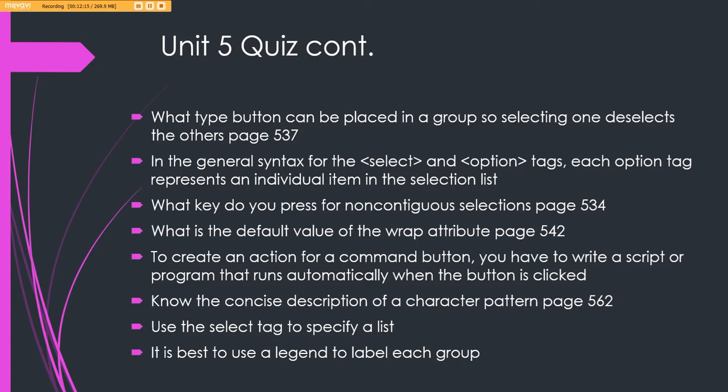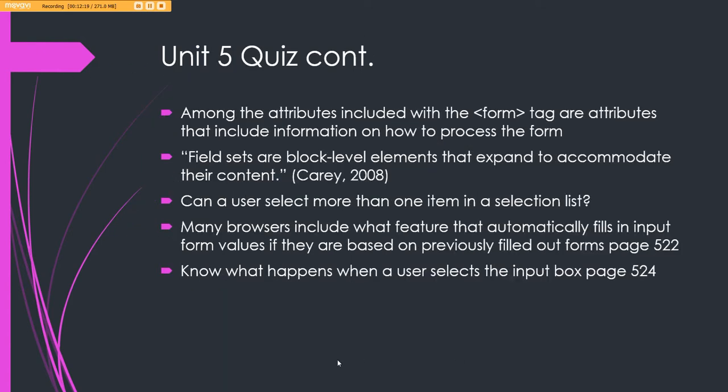It is best to use a legend to label each group. Among the attributes included with the form tag are attributes that include information on how to process the form. Field sets are block-level elements that expand to accommodate their content. Can a user select more than one item in a selection list?